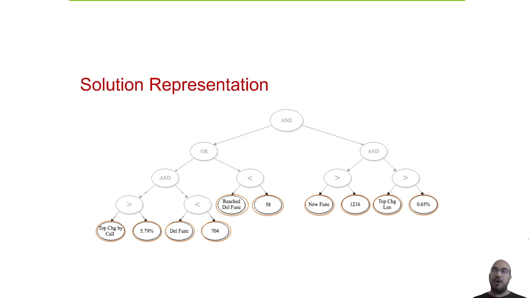So we are looking for the appropriate combination of metrics and their corresponding threshold values to make a decision whether this commit is problematic or not. Clearly, here we are making a binary decision, whether this one should be tested or not. And this is how we encode our solution.